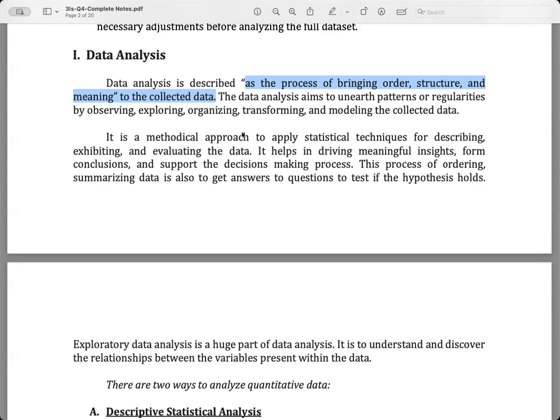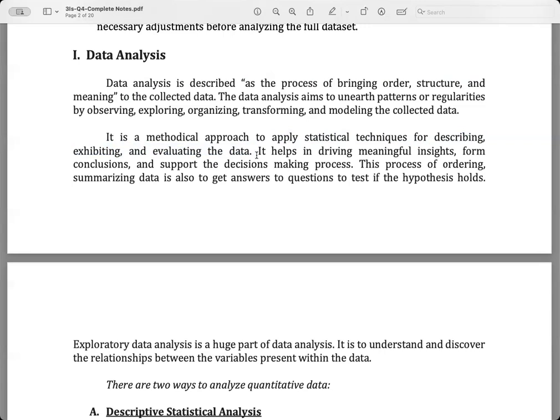It is a methodological approach to apply statistical techniques for describing, exhibiting, and evaluating the data. So in here, I'll be discussing more on the quantitative data analysis, and probably in our next video or next class, I'll be discussing different types of qualitative data analysis, but generally we do quantitative data analysis.